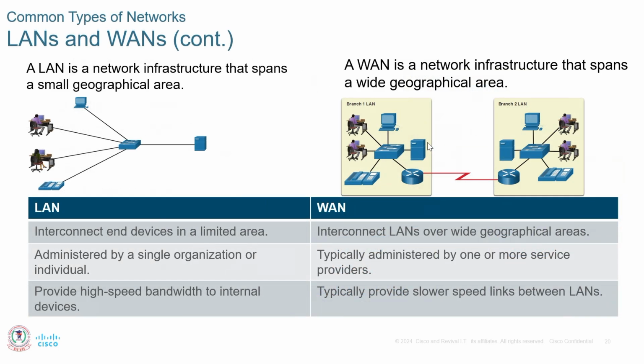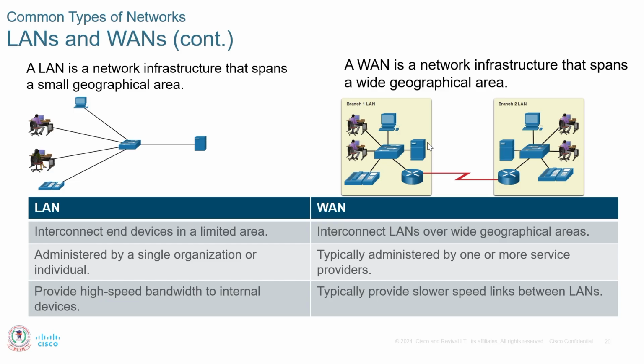A local area network is a network infrastructure that spans a small geographical area. A wide area network is one that spans a wide geographical area. The difference is that a LAN interconnects endpoints in a limited area. It's administered by a single organization or an individual.